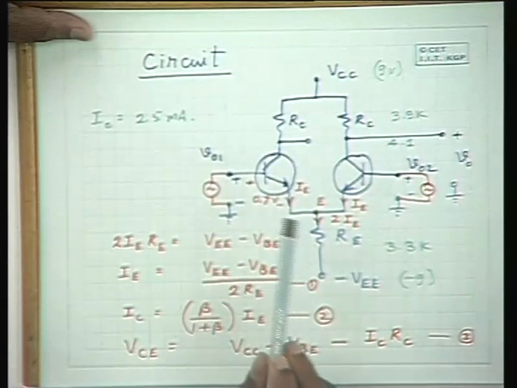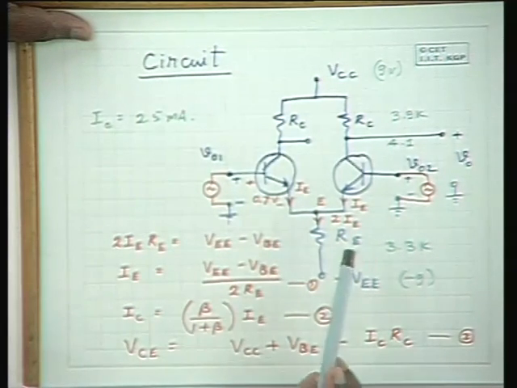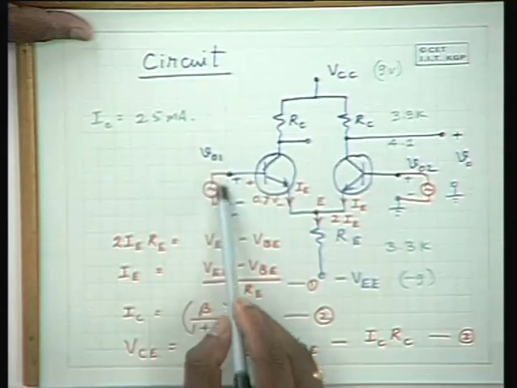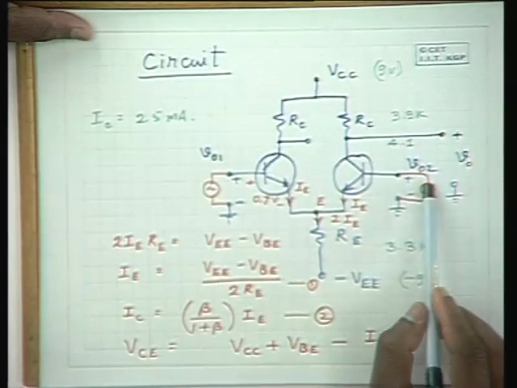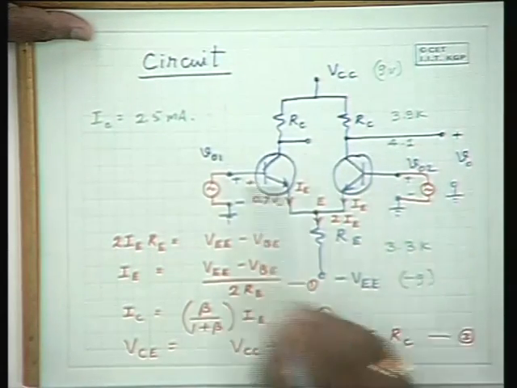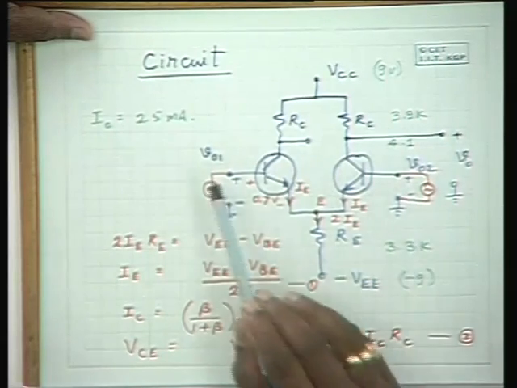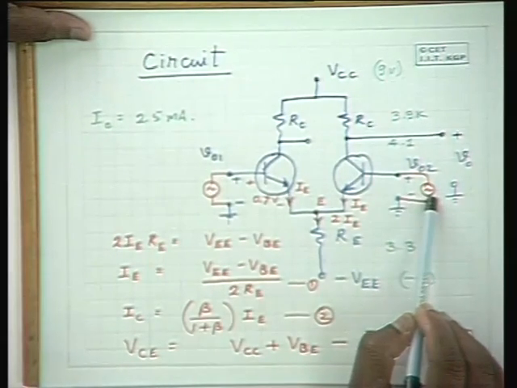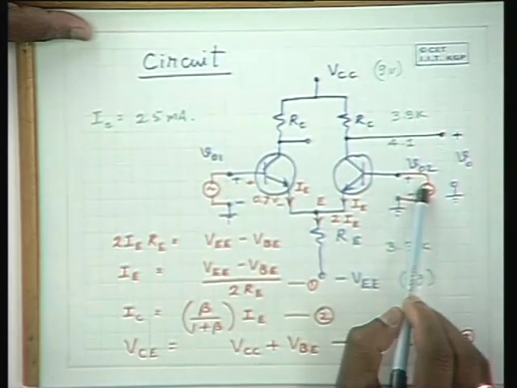Now, what about common mode gain? If you raise the voltage here and here also by the same quantity, the differential signal is 0, whereas there is some common mode signal.